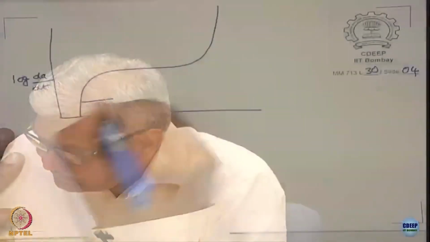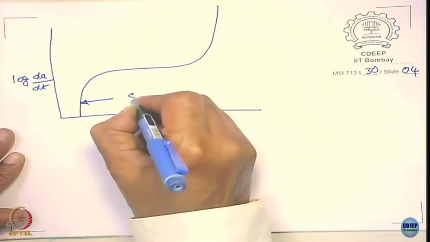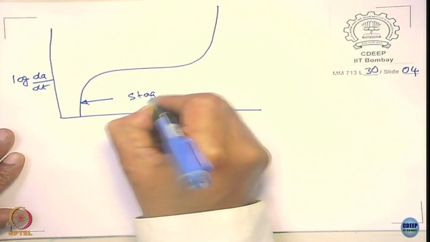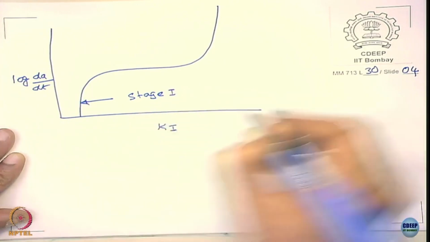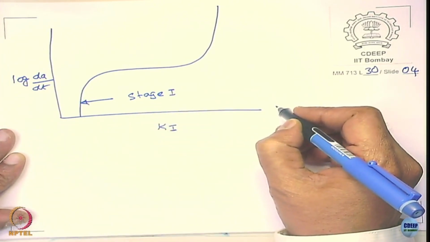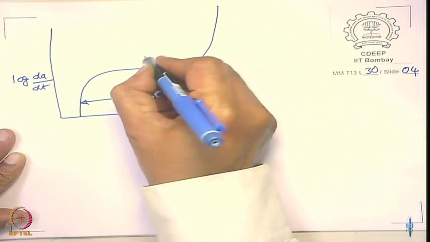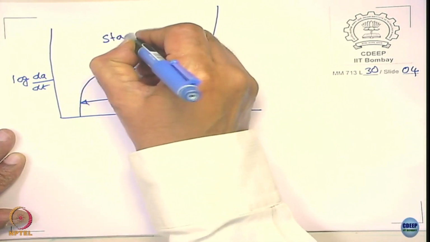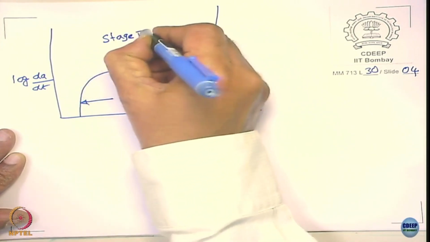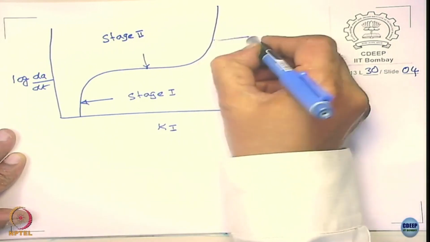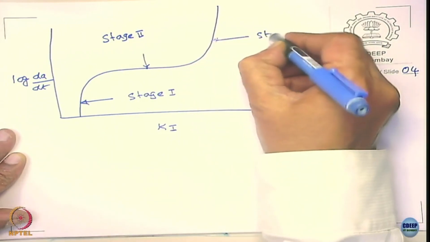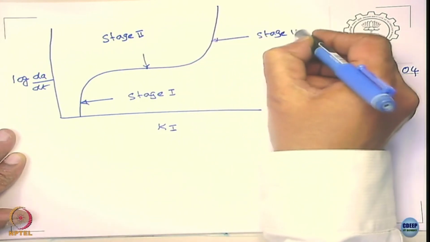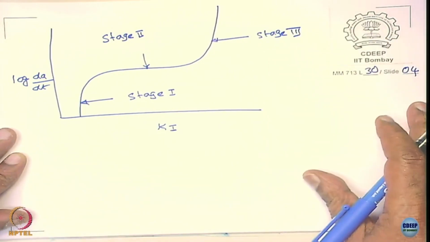This is called stage 1 crack growth rate, it's called stage 2 crack growth rate, and this is stage 3 crack growth rate.